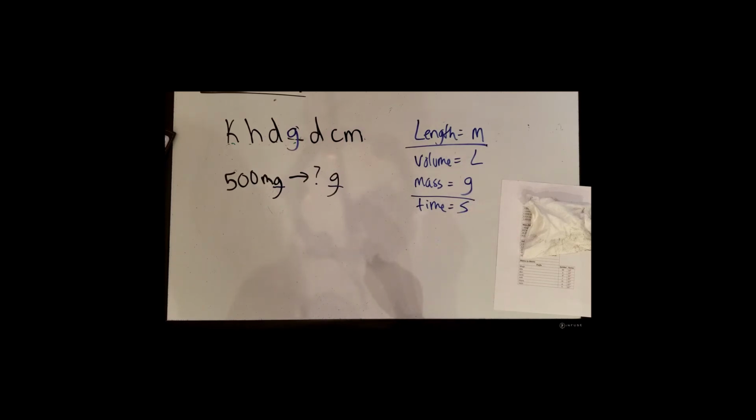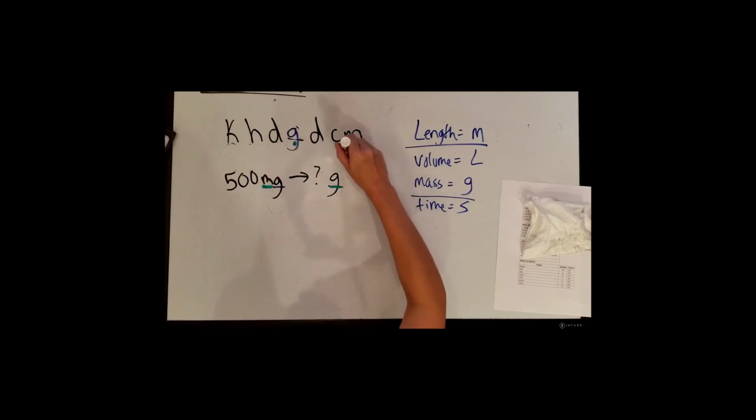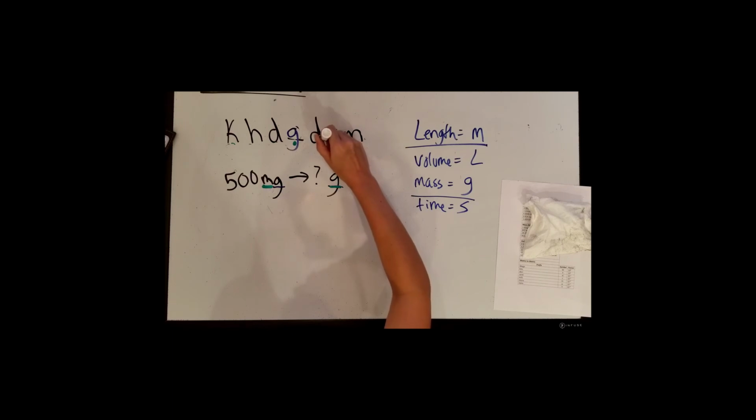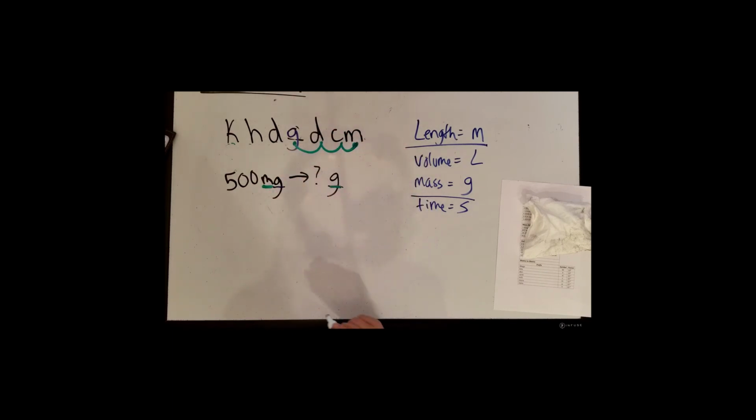So how many times do I have to move the decimal? Well, I'm starting at the M, the milligrams, and I'm going to the G. So this time, notice I'm going to move my decimal to the left. How many times? 1, 2, 3. So 3 times to the left to get to grams.